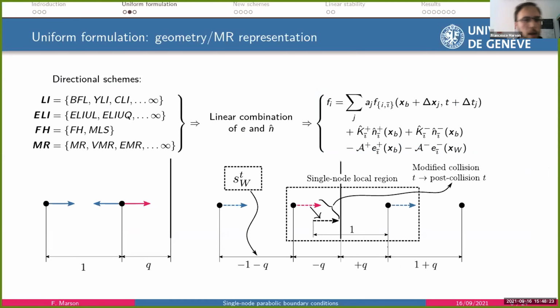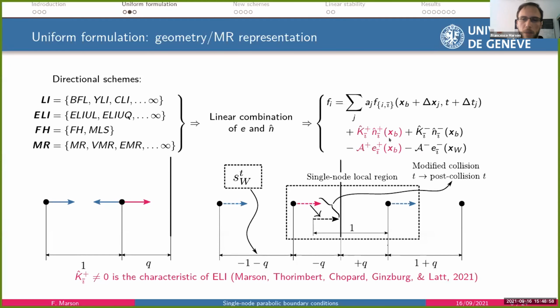Well, we realized that we can represent any type of link-wise directional boundary condition in lattice-Boltzmann with a unique formulation. So we have different families with an infinite number of types of schemes, and they can all be represented by a linear combination of equilibrium and non-equilibrium that you see here on the right. Specifically, you have a linear combination in the first line.